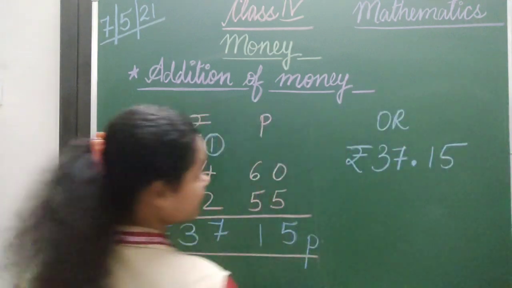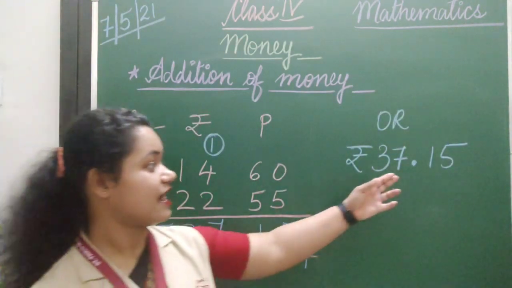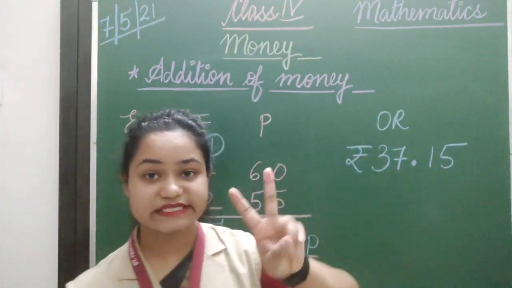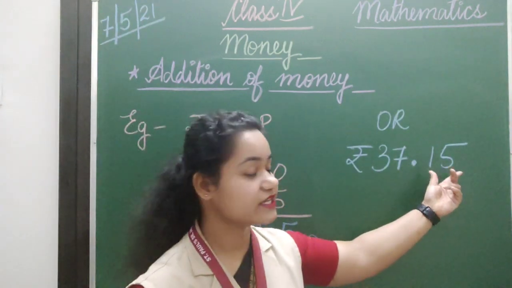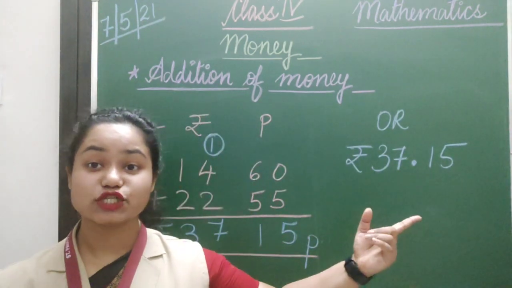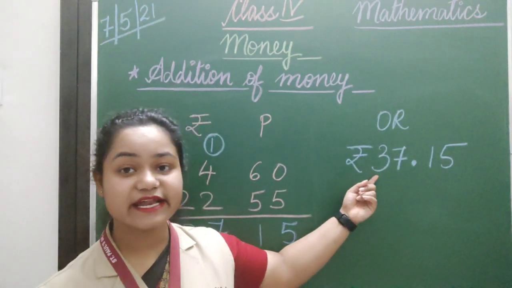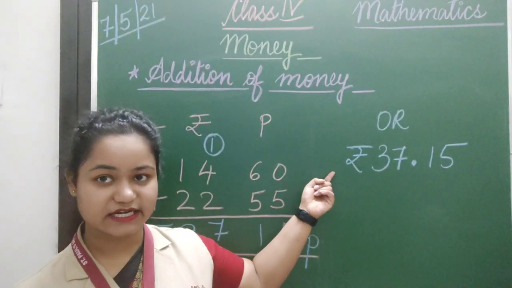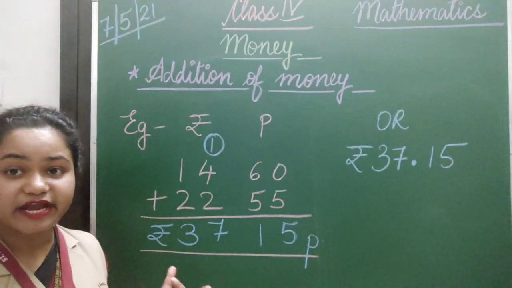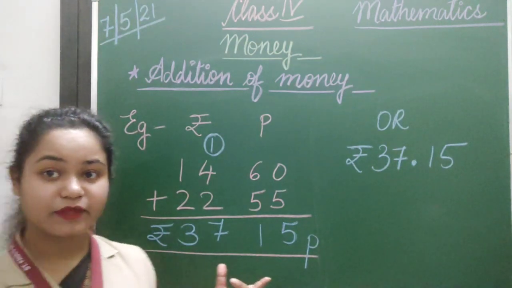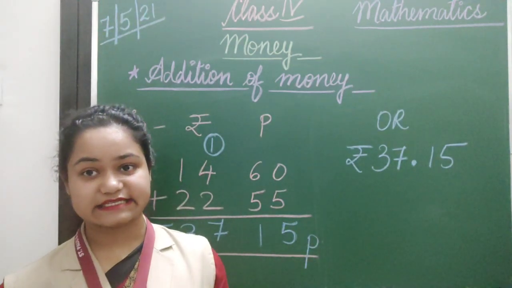As I told you, after the point, two digits can come, and those two digits belong to paisa. And before the point, whatever is there is rupees. Understood? So both ways you can write your answer. Now let's see the next example.